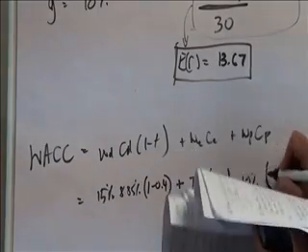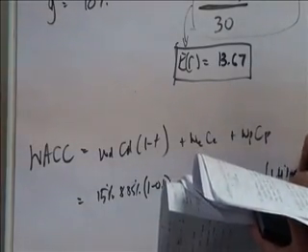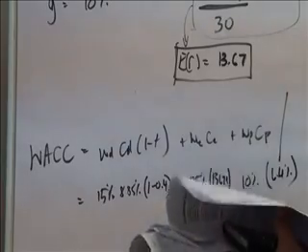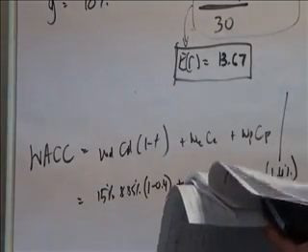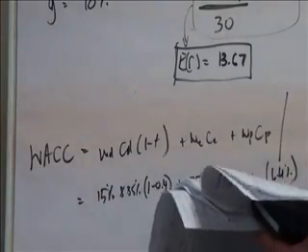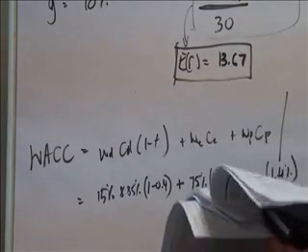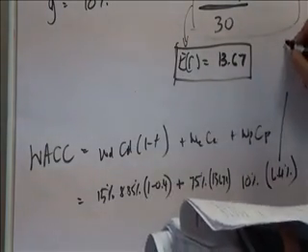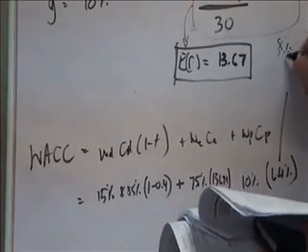10% times 6.4%. How do we get 6.4%? Quite simply. In the example, they had said that we issued at 125 rand, and they were 8%.